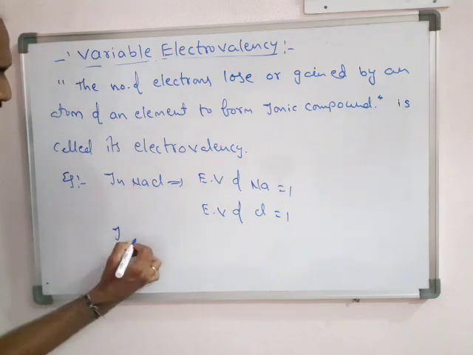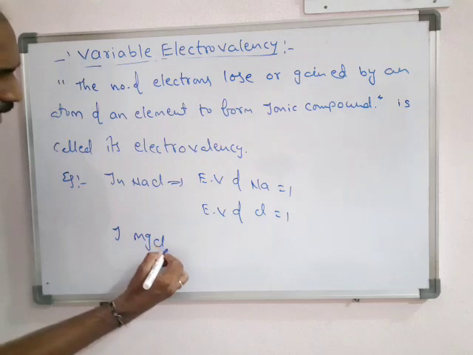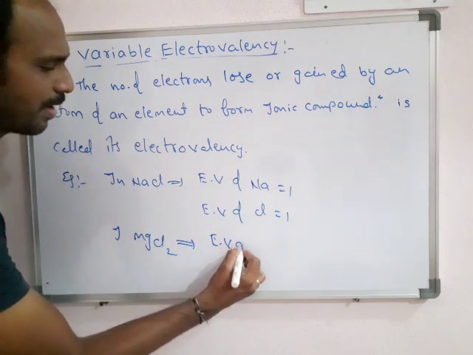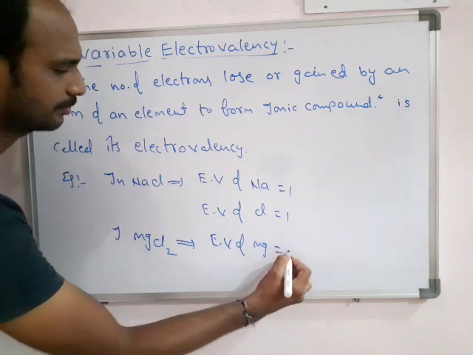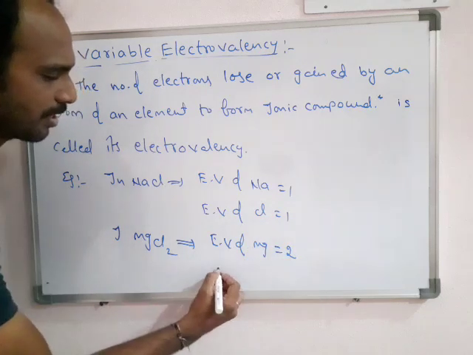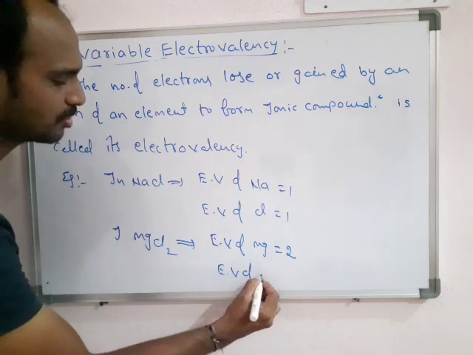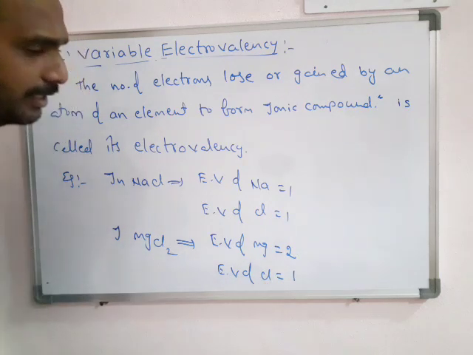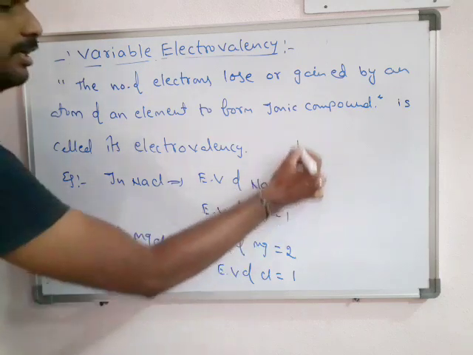For example, if you take MgCl2, what is the electrovalency of Mg? It loses 2 electrons. What is the electrovalency of chlorine? That is again 1. The 2 chlorines have separate 1 and 1.